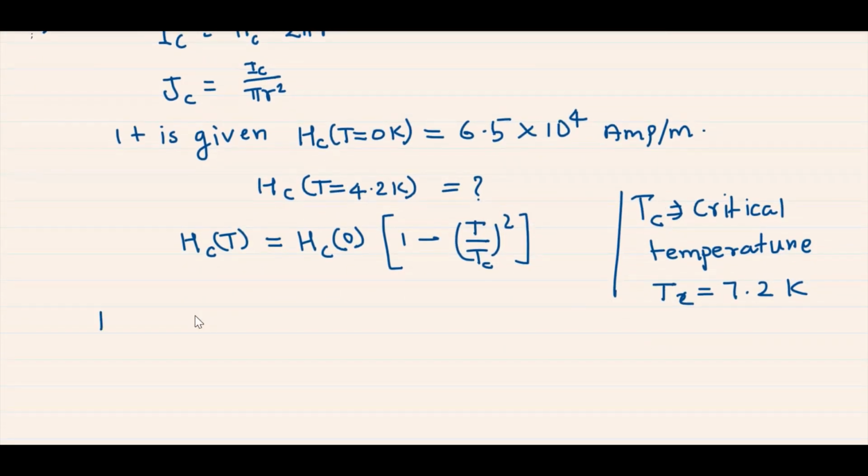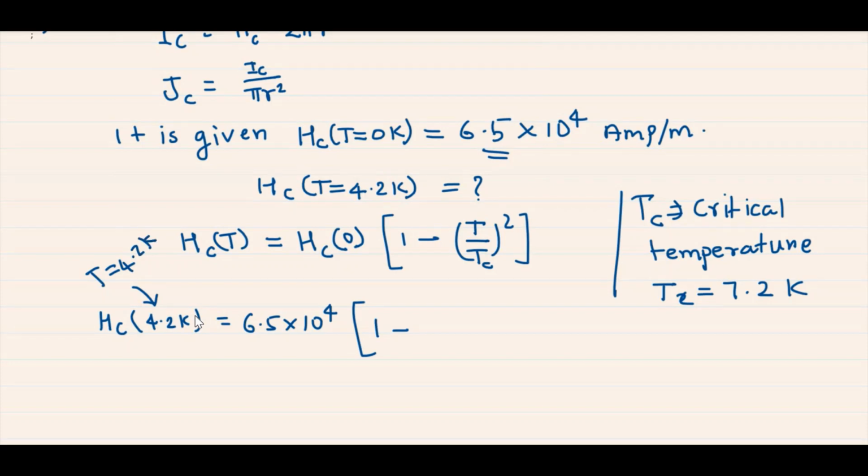Okay, fine. So our first task is to find Hc at 4.2 Kelvin. To find that, put the values: Hc at 4.2 Kelvin equals Hc of 0, which is 6.5 into 10 power 4, into 1 minus T, where T is 4.2 Kelvin, divided by Tc which is 7.2, the whole square.